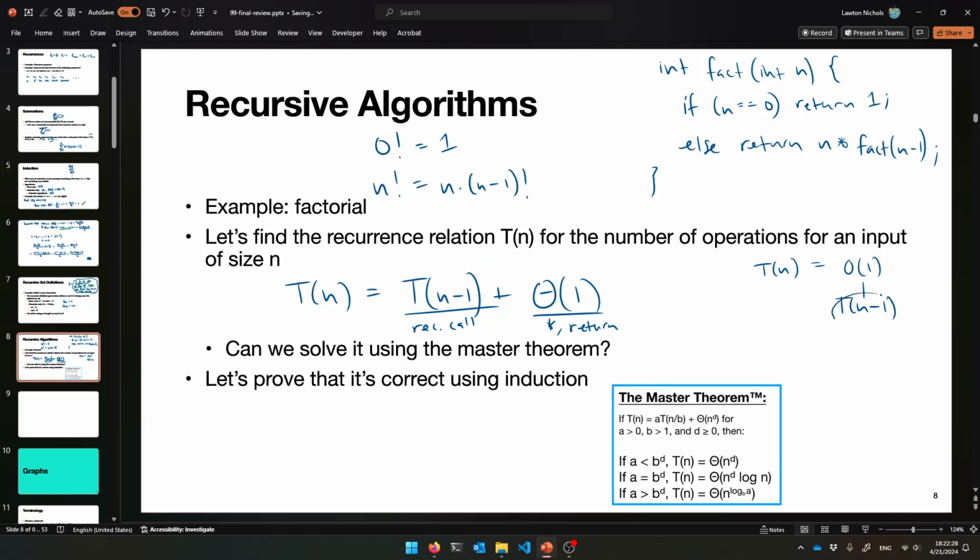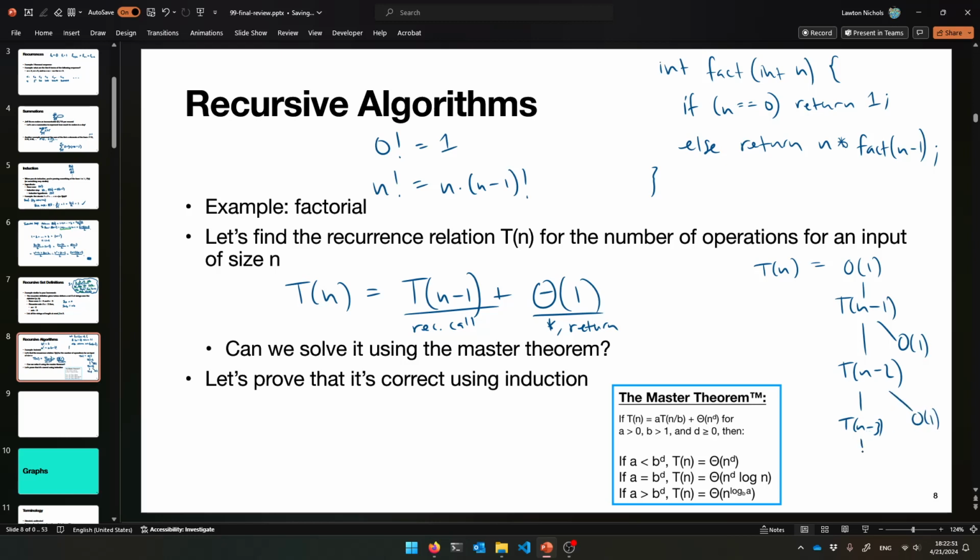And how much work are we doing here at T of n minus 1? Well, you're just running this all over again. We're doing some constant work once we get the answer back, but we're also handing off the problem to T of n minus 2. See that? And then again, that's like handing off the problem to T of n minus 3. It takes that much time, plus some constant work once it gets the answer back.